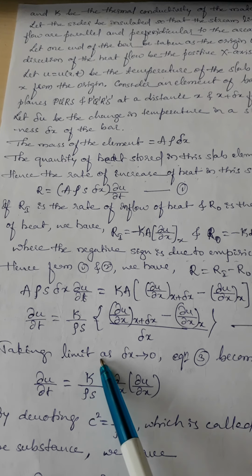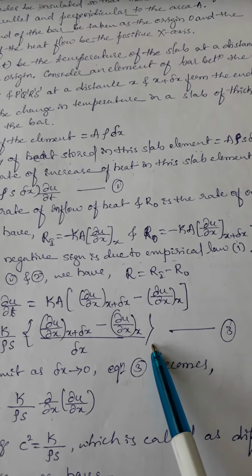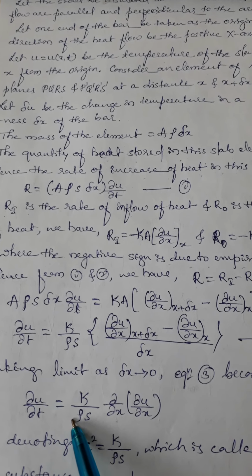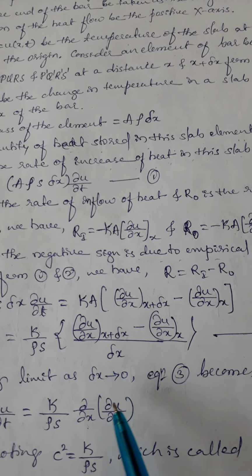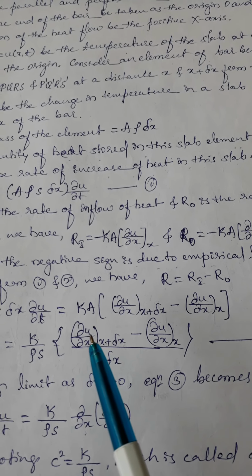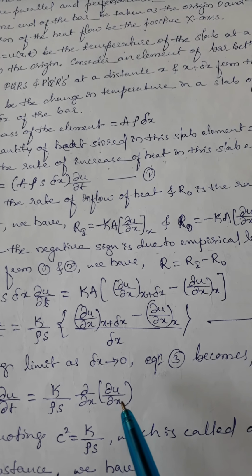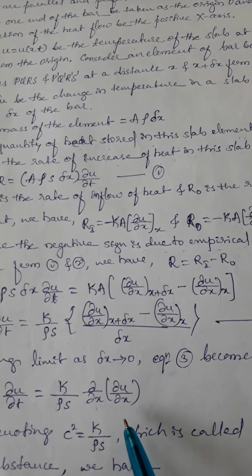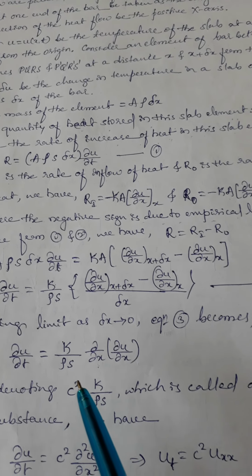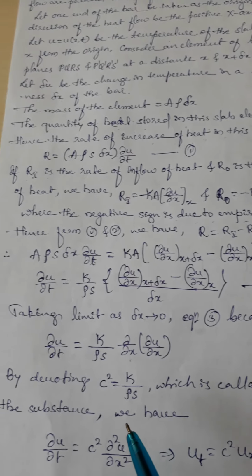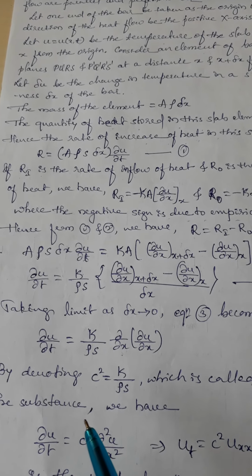Now, taking the limit as delta x tending to 0, equation number 3 becomes dou U by dou t equal to K divided by rho S, and this is the differentiation of dou u by dou x, that is dou by dou x of dou u by dou x. Therefore we get dou 2u by dou x square, and we can denote c square as K by rho S, which is called the diffusivity of the substance.